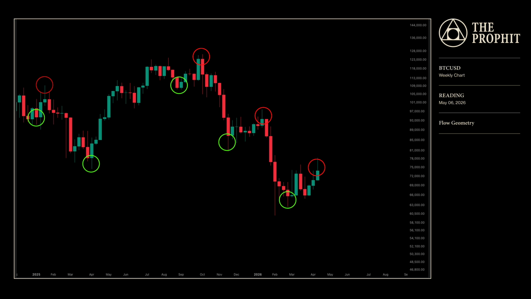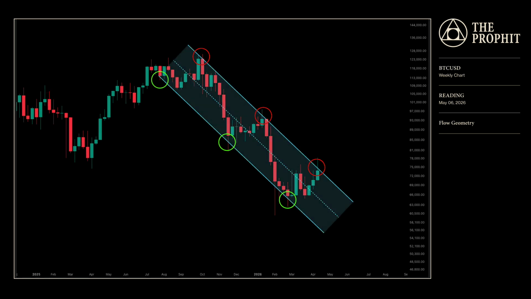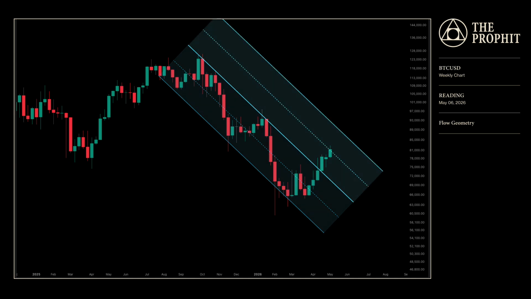Bringing back our original structures, we may notice that Bitcoin now appears to be moving within a descending formation rather than an ascending one. And if structures of this nature tend to break against their own inclination, then eventually we should expect an upward break, should we not? What I deliberately concealed from you until now is that Bitcoin is already attempting that breakout and resisting precisely at the central line of the duplicated structure.